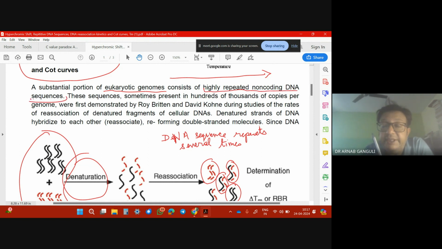The coding sequences which code for proteins are very low, but in the non-coding DNA sequences there are highly repeated sequences. They repeat several times. Sometimes they are present in hundreds and thousands of copies per genome. The same non-coding region is repeated hundreds and thousands of times.